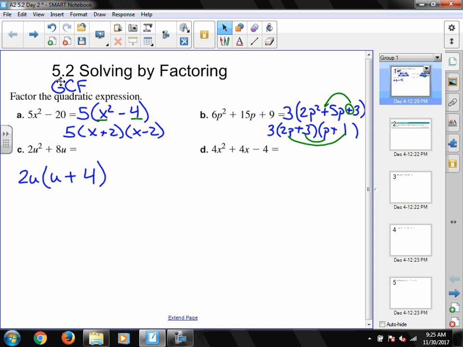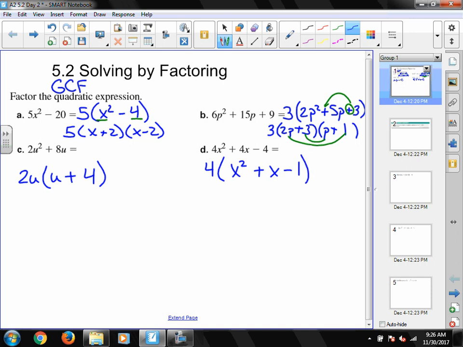So from there, these first ones, sometimes they both broke down after we took out this greatest common factor. In our last one here, we're going to take a look at 4x squared plus 4x minus 4. Well, hopefully it's obvious that you can take a 4 out of there, so you're left with x squared plus x minus 1.